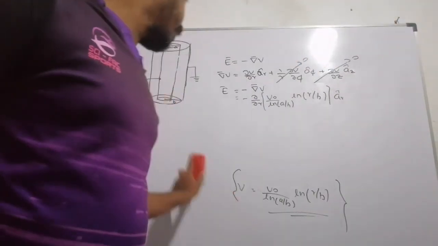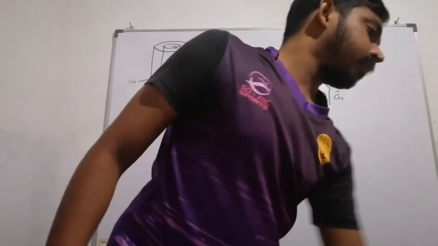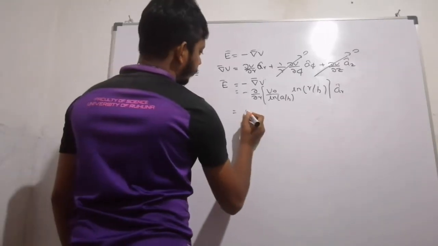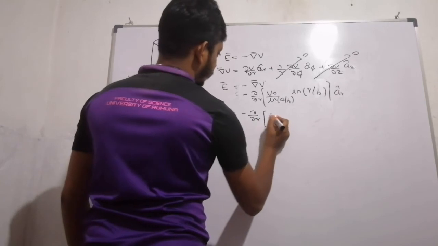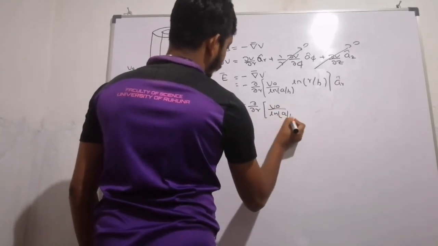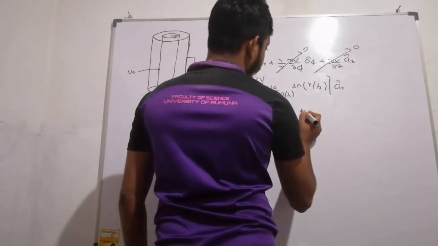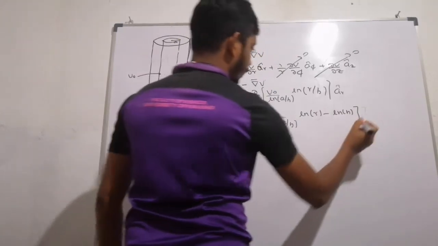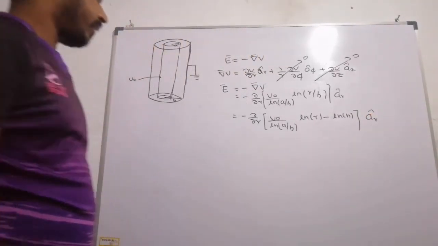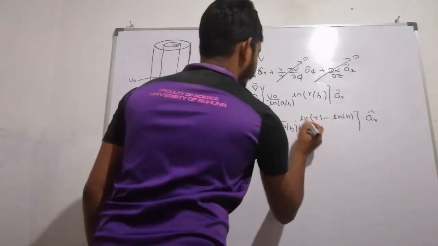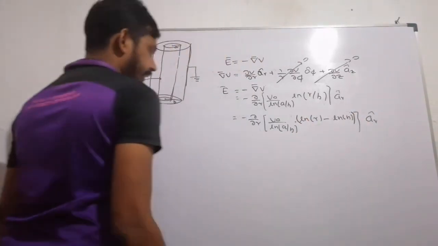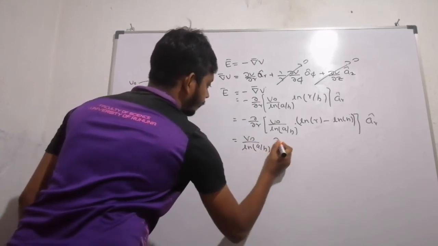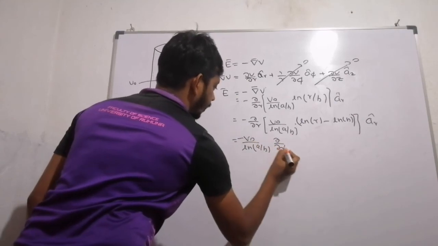Let me simplify this. d over dR of V naught over ln A over B times ln R minus ln B. Is this right?